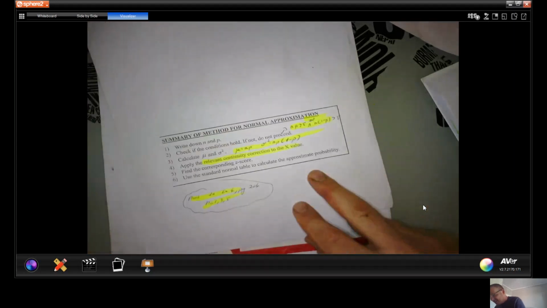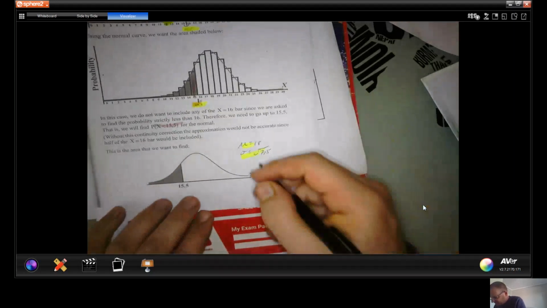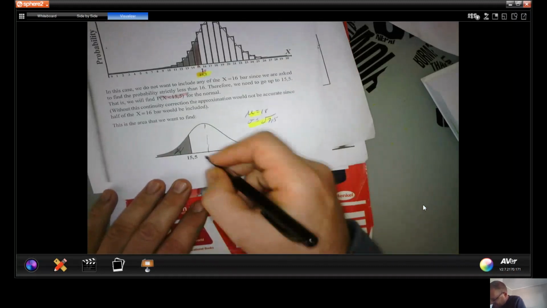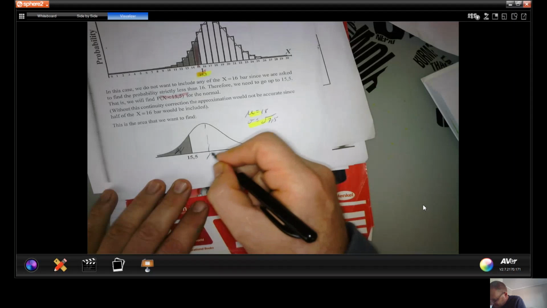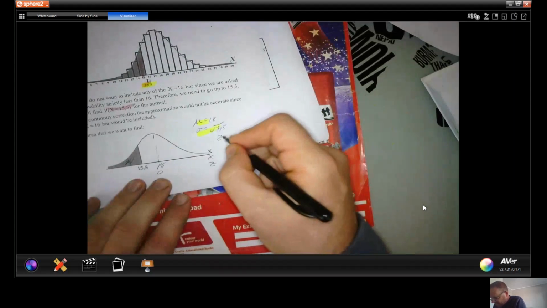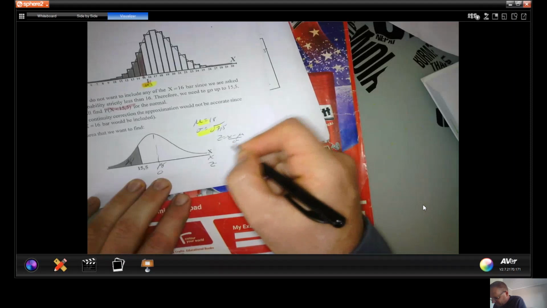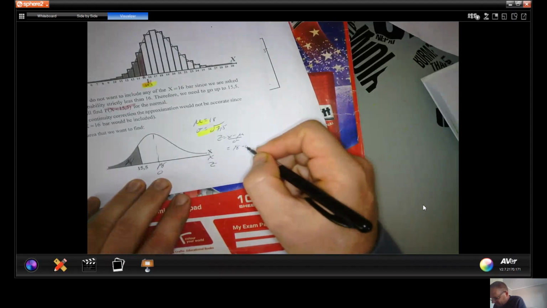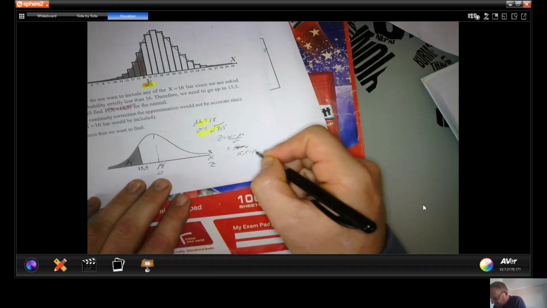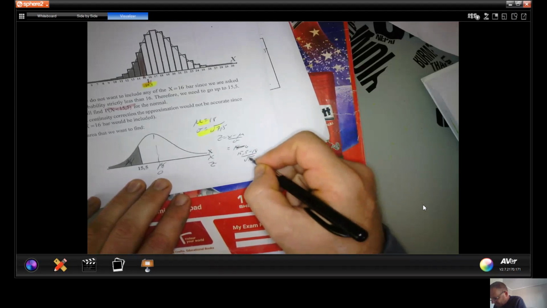So I want that area over there. There's my x score. My mu is 18, and z is 0. My z score is going to be x minus mu over sigma, which is 15,5 minus 18 over root 7,2.